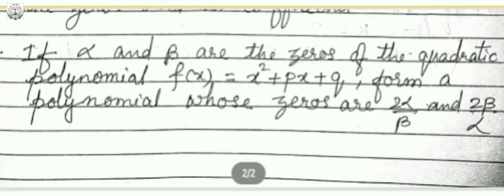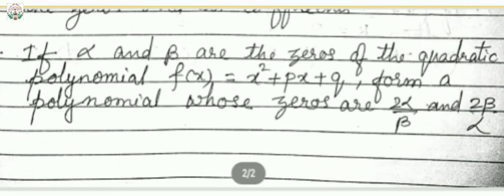So from here you get the product of zeros, that is alpha into beta equals c upon a, and alpha plus beta, that is the sum of the zeros, equals minus b upon a. These two values you have to apply for the next polynomial which you are going to form. For that the zeros are 2 alpha upon beta and 2 beta upon alpha.